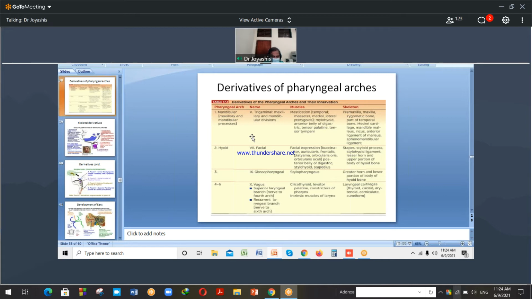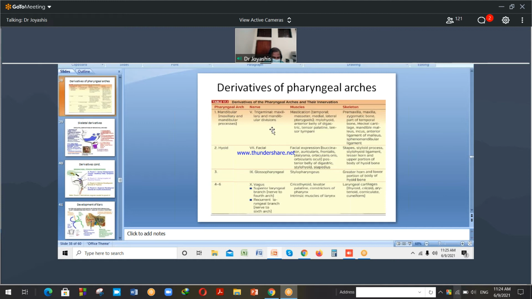These are the muscles derived from the first pharyngeal arch. The skeletal structures are the malleus and incus of the ear. The ligaments are the anterior ligament of the malleus and the sphenomandibular ligament. These ligaments derive from the first pharyngeal arch or mandible.